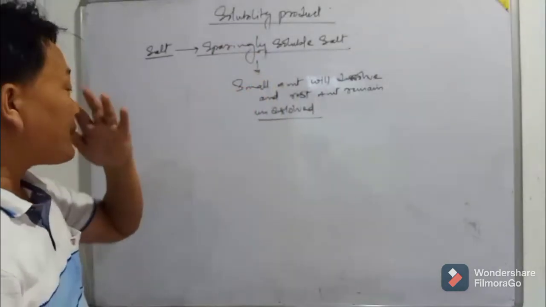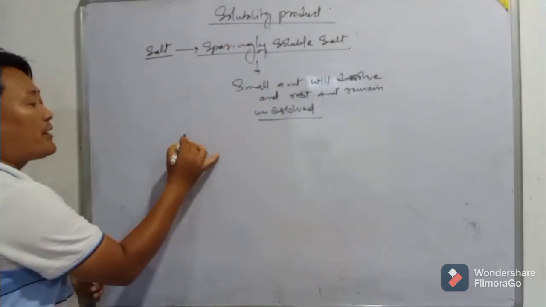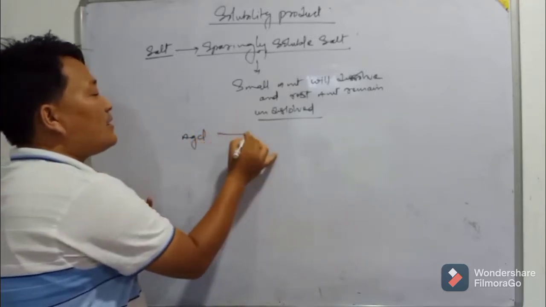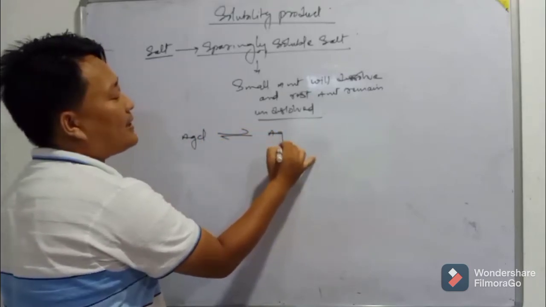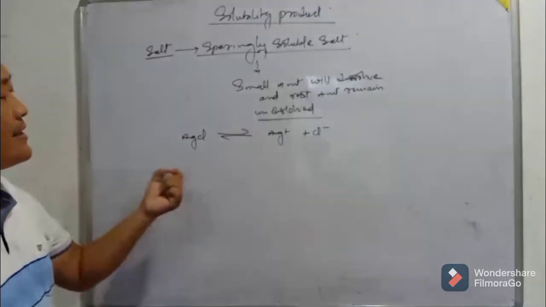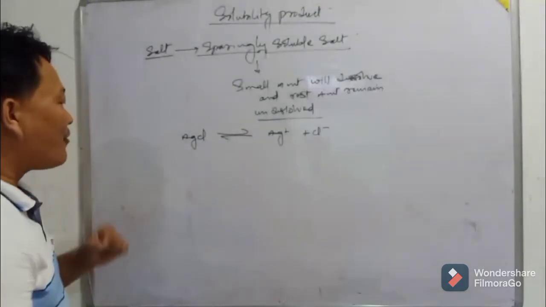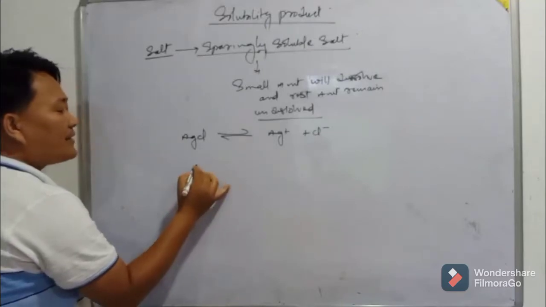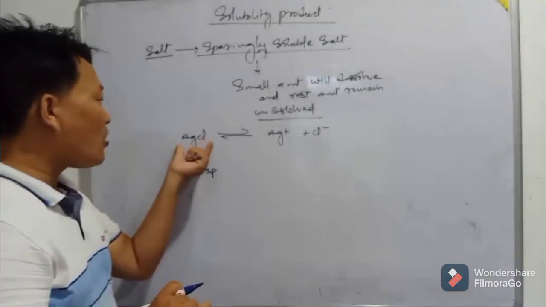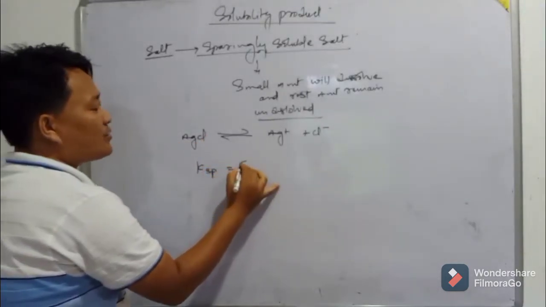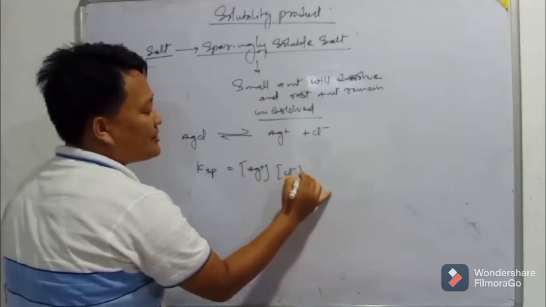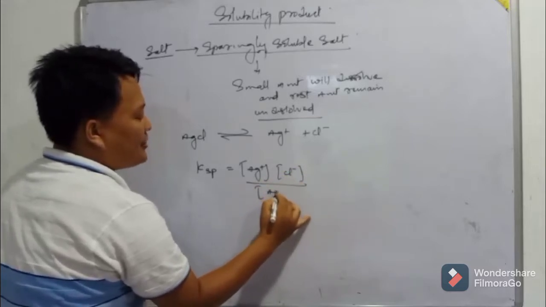Okay, so for sparingly soluble salt, for example, we can take AgCl. When we dissociate it, we will get Ag plus and Cl minus. Now the KSP, the solubility product of this salt AgCl, we can write in this way: concentration of Ag plus, concentration of Cl minus, divided by AgCl.